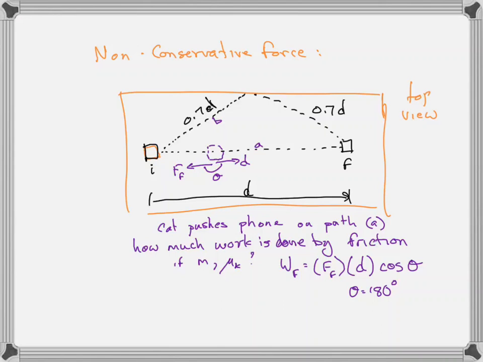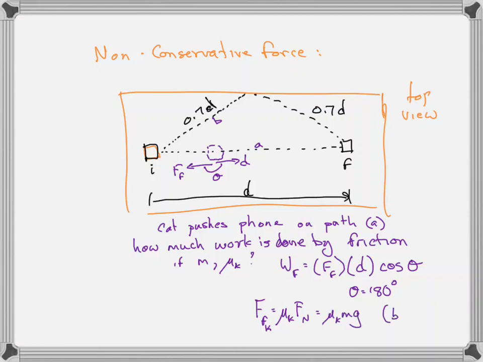What is the magnitude of the frictional force? The kinetic frictional force, Ffk, is mu k Fn. Because this is a phone flat on a table, and the cat is just pushing it along the table, Fn is equal to mg, so it is mu k mg.